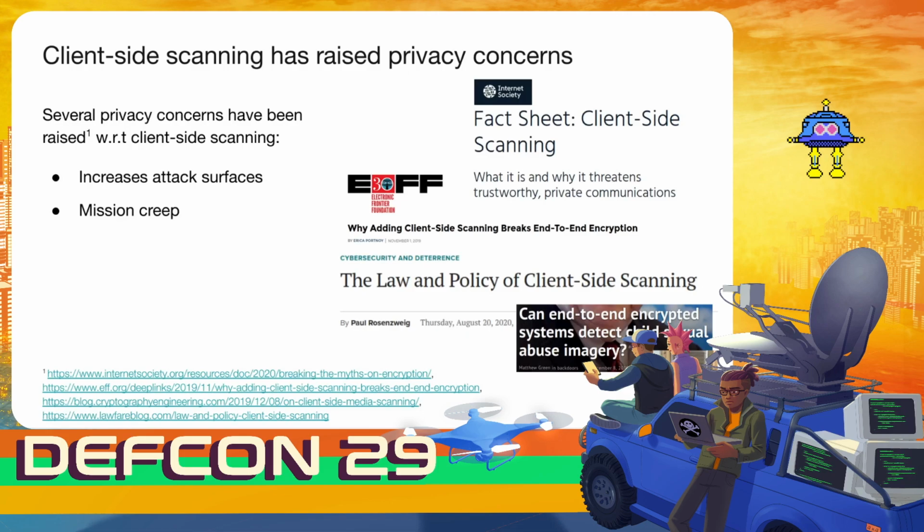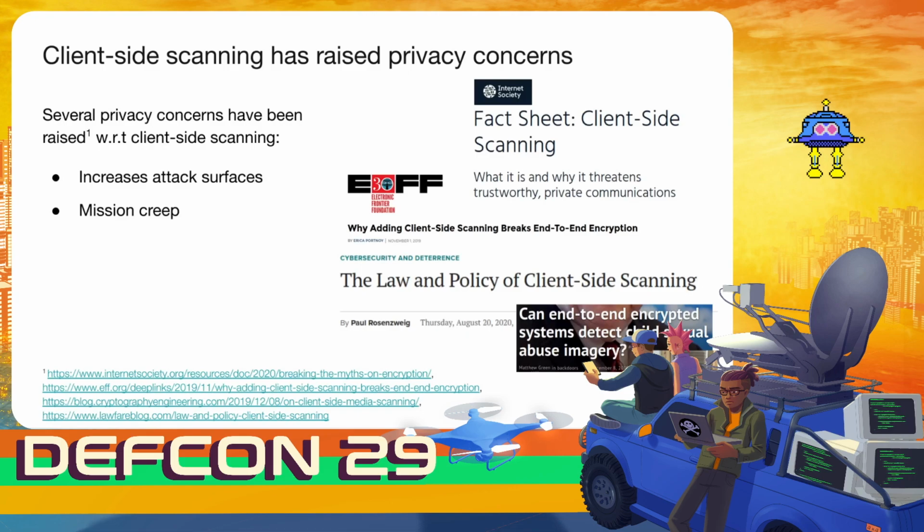The next biggest concern is mission creep. Here the question is, who controls the database? What is inside the database? It will start from illegal content, but can the system be made abuse resistant, or can it be abused further for different purposes, starting from what governments would want?